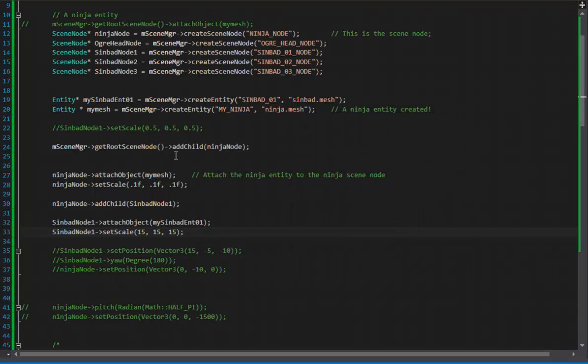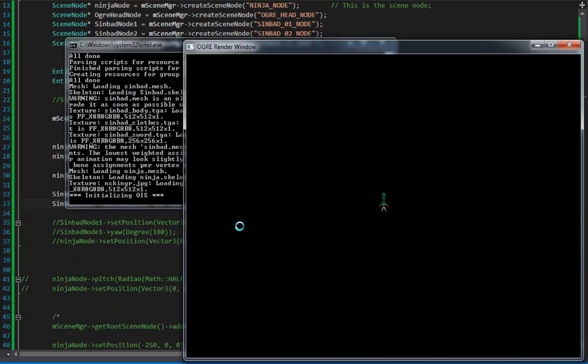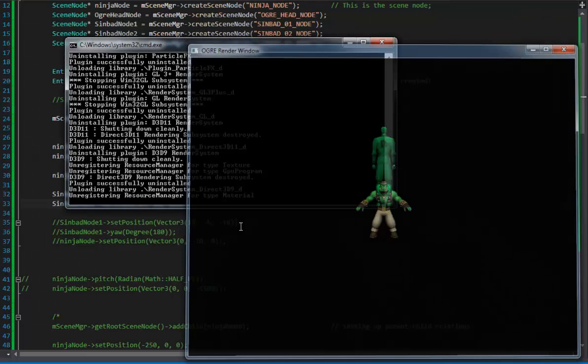And I'm going to scale the Ninja up, and that scales up everybody. Okay, yeah, the Ninja and the Sinbad are pretty much scaled to each other's sizes.